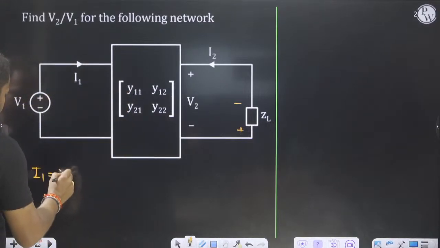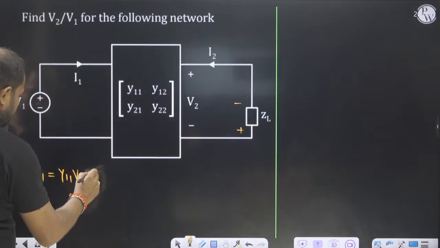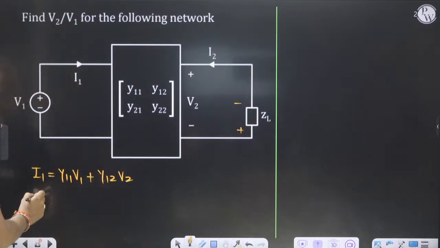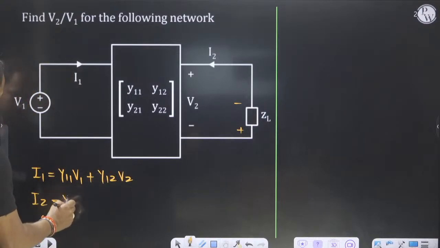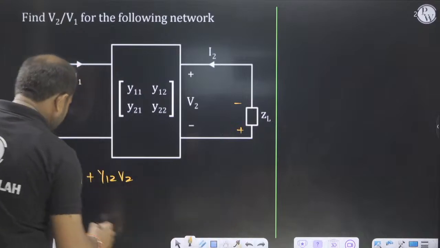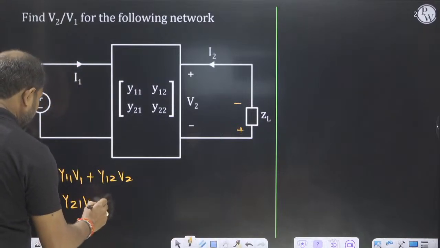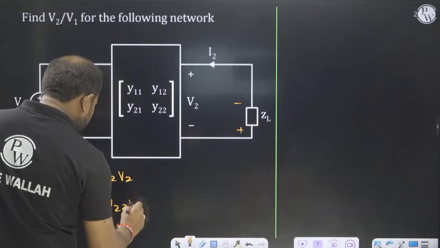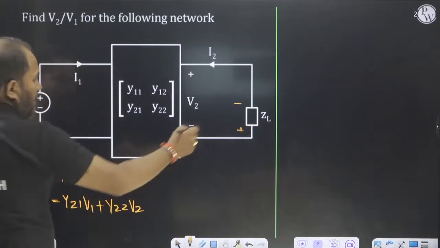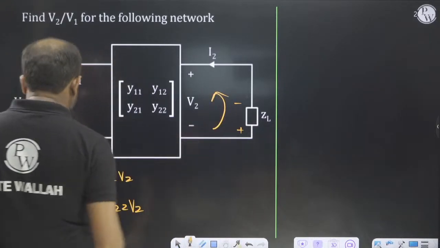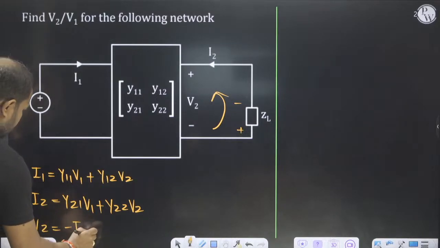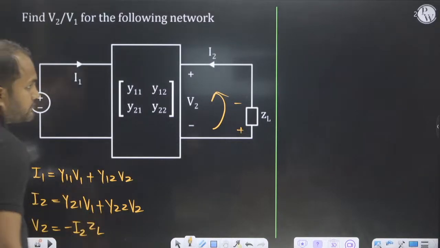So I1 is Y11 V1 plus Y12 V2, and I2 is Y21 V1 plus Y22 V2. Then we apply KVL. V2 will be equal to minus I2 into ZL.